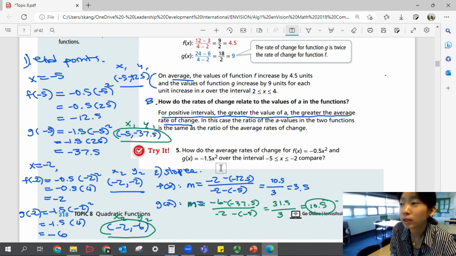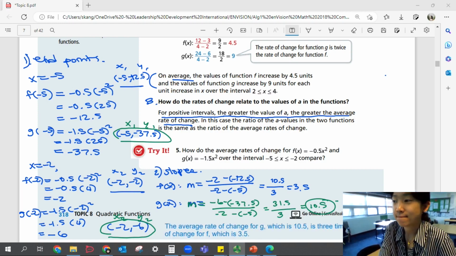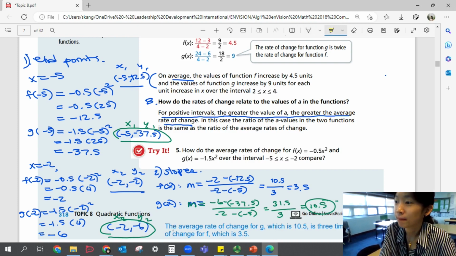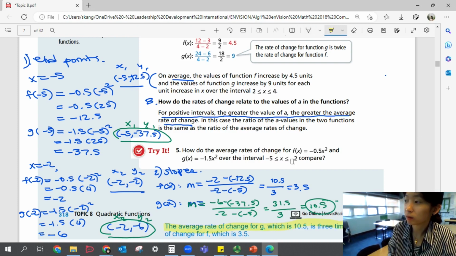We can simply say that the average rate of change of f of x is this. Average rate of change for g of x is that. And g of x is 3 times as great as f of x. Okay? There we go. And that should be our final answer.